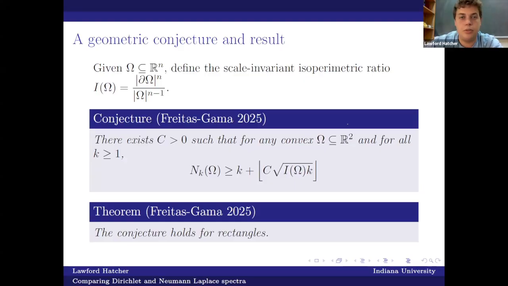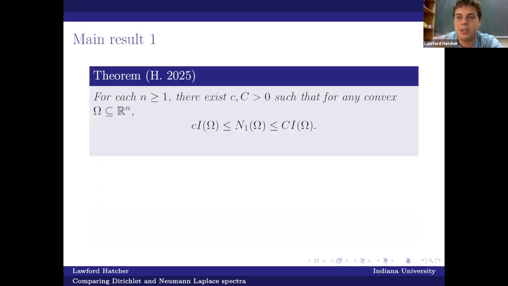Right, so that brings me to the first main theorem I want to talk about today, and this is the biggest result in the preprint. Around April of this year, I put out a preprint that has three main theorems about this quantity n_1 of omega with respect to isoperimetric ratios, and this is the first of the three. What it states is that for convex domains, there exist universal constants such that n_1 of omega is bounded above and below by the isoperimetric ratio.